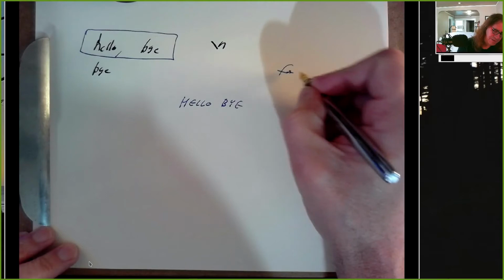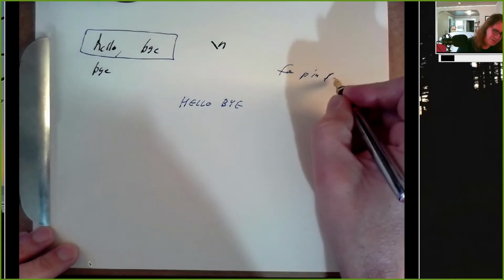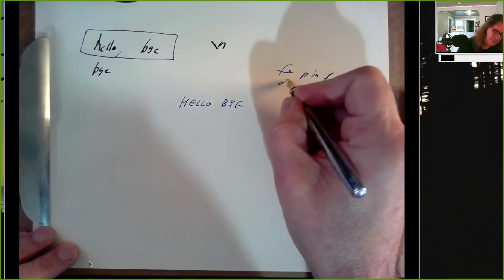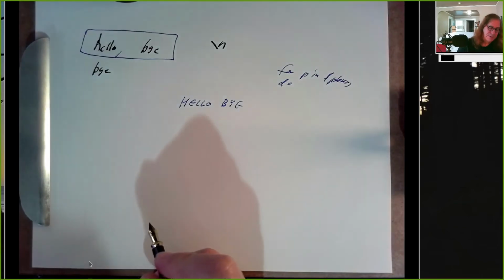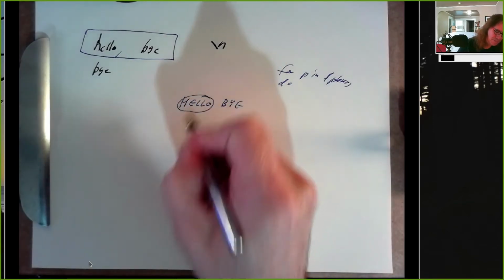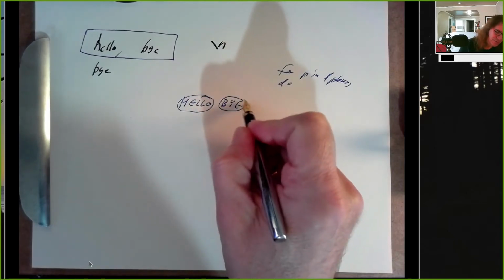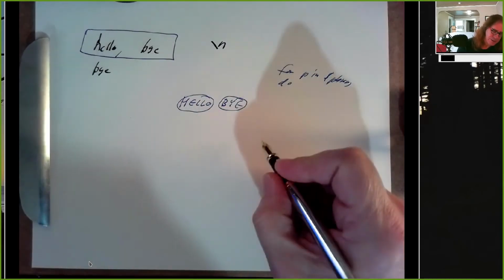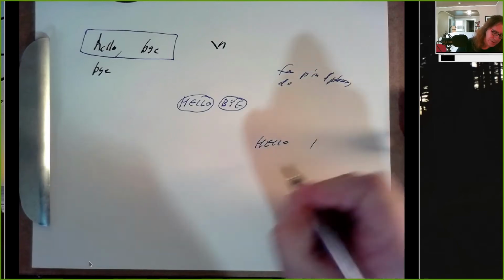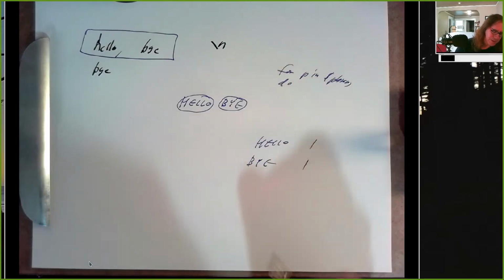And then when you say for p in phrases, you'll loop through that inner loop twice. The first time your variable will be hello, and you'll load that into your array. The second time your variable will be bye, and you'll load that into your array. So hello will be a 1, and bye will be a 1.